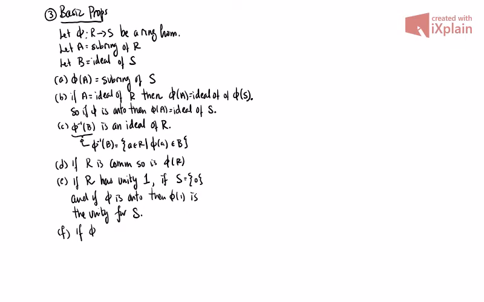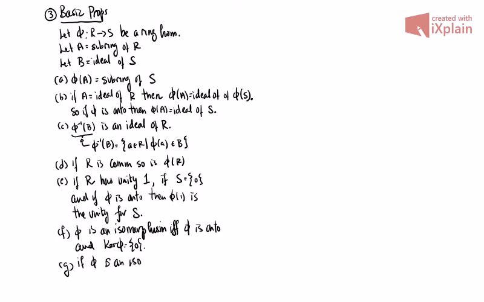So if phi is an isomorphism, or rather, let me rephrase this as an if and only if more correctly, phi is an isomorphism if and only if phi is onto, and the kernel is just 0. And last but not least, if phi is an isomorphism, then so is its inverse.